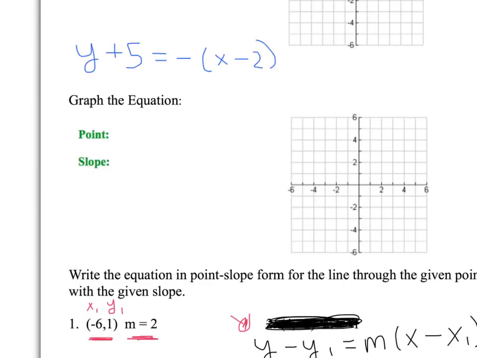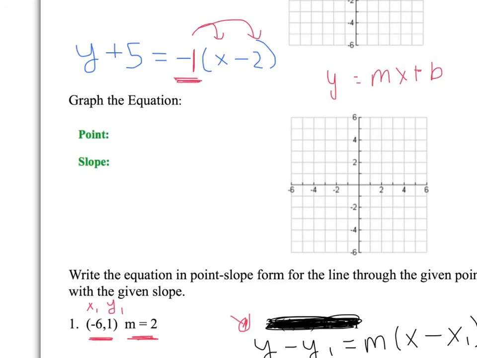So for the final example, if you want to try it again on your own, go ahead and pause this video and give it a try. Otherwise, I'm going to walk you through it one more time. Okay, so again, we're going to try to graph this equation. So I'm going to put it in y equals mx plus b form. Now, I'm going to distribute the negative. Remember, if there's no number there, it's like having a -1, right? You're distributing a -1 to each of these numbers.